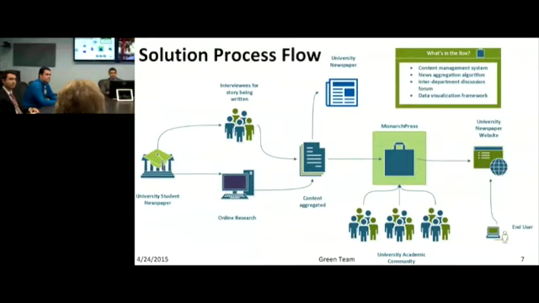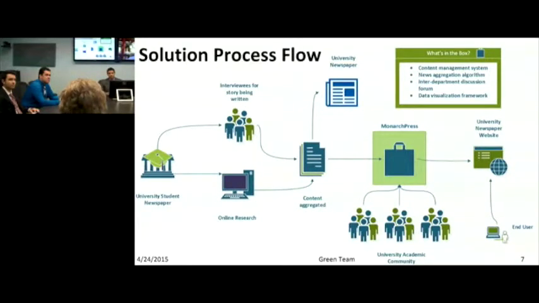And here is the solution process flow with Monarch Press, our product. As you can see, nothing really changes up until the point where it's time for the content to be pushed to the university newspaper website. The content that's gathered with online research and the interviewees is still fine to be pushed in the newspaper.